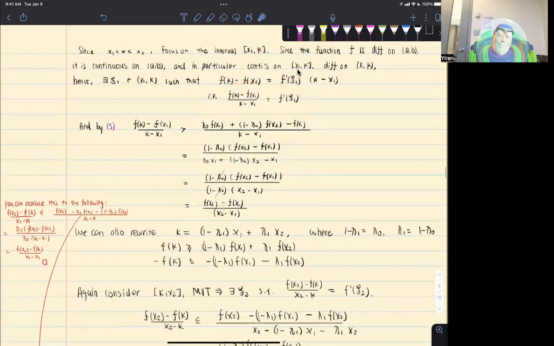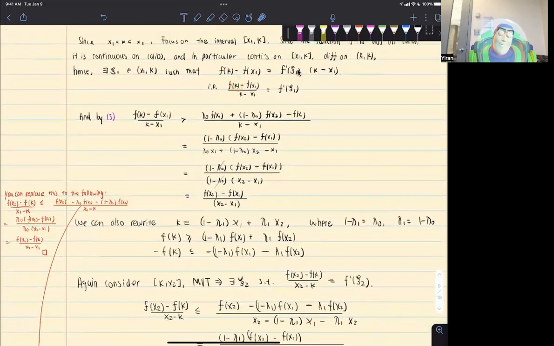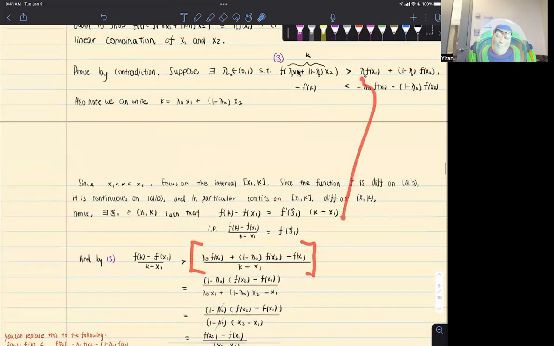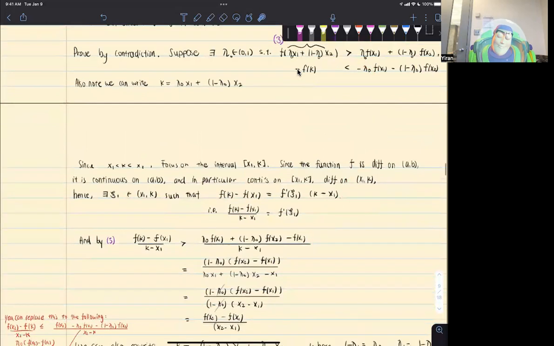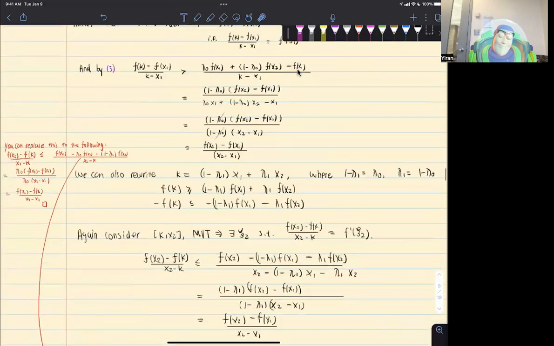And now we want to use the assumption that it's not convex, right? Because it's specific k, we can just apply the definition here. And then at the end of it, we have this inequality.